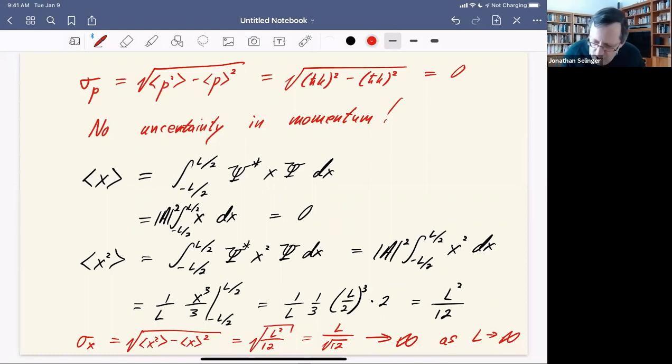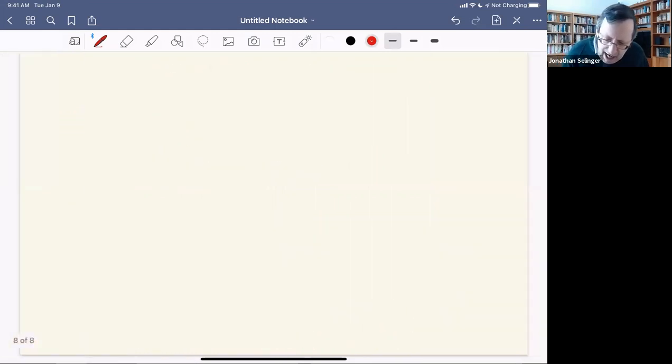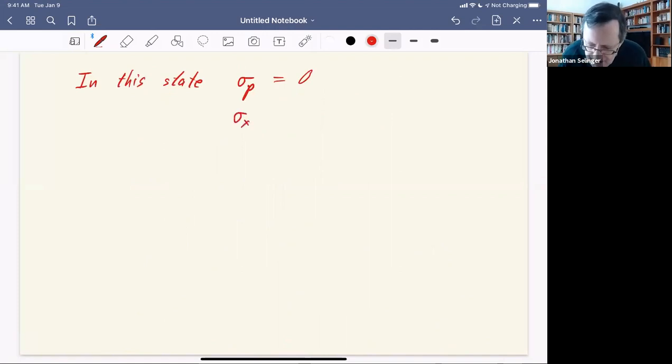Okay, so that means that in this state, the uncertainty in momentum is 0. We know exactly what the momentum is, but the uncertainty in position goes to infinity, right? We have no idea where the particle is, right?